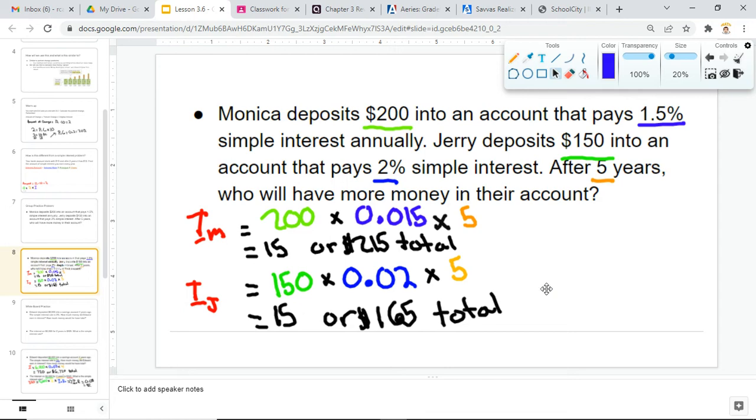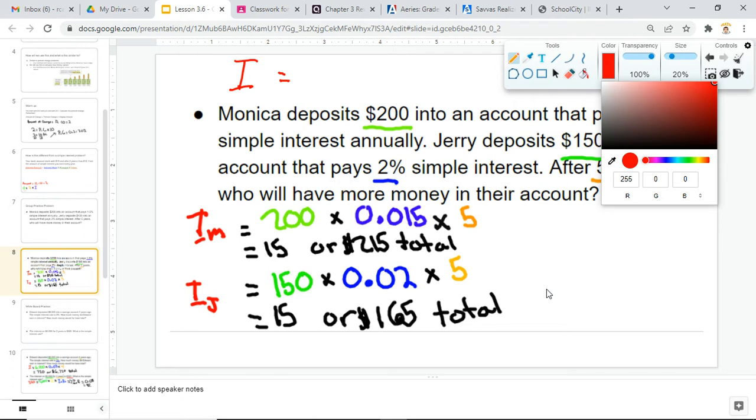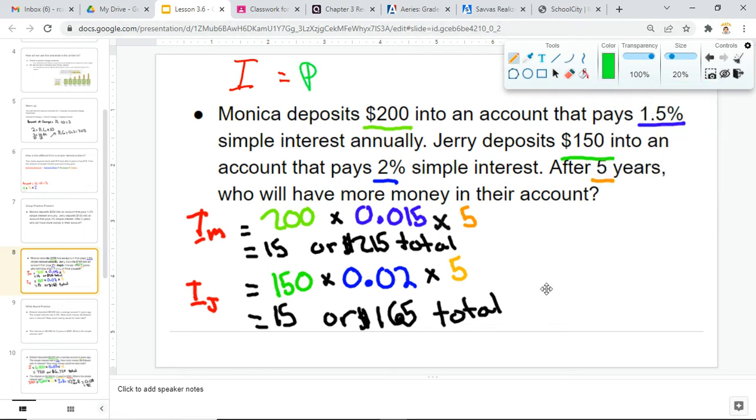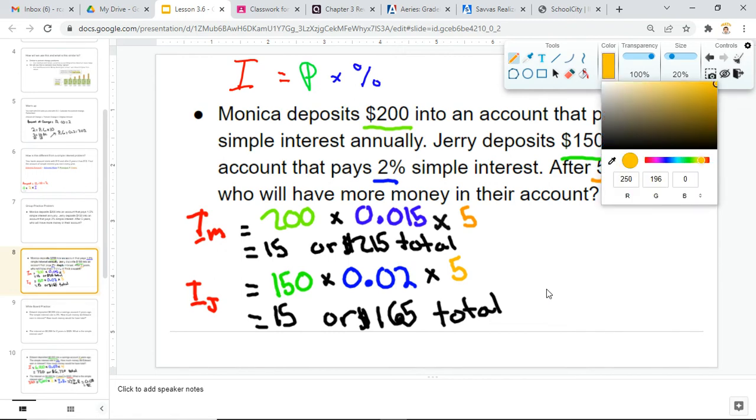So let's first look at the interest for Monica here. So Monica's principal is $200. Remember, we're using this formula here. Our interest is equal to the principal times the rate, or the percent, times the amount of years.